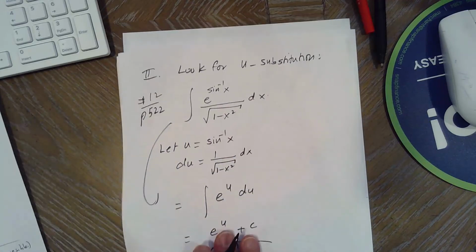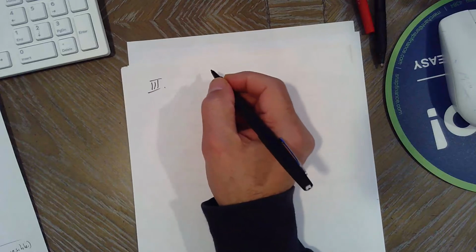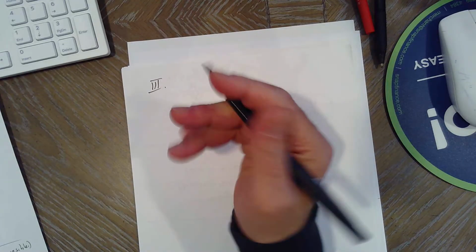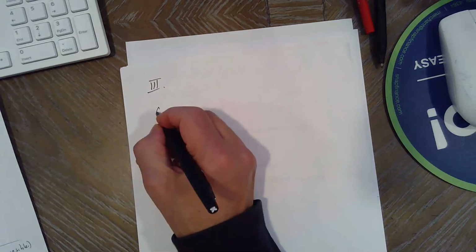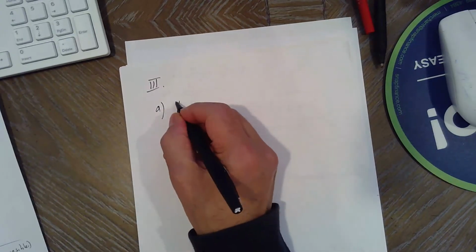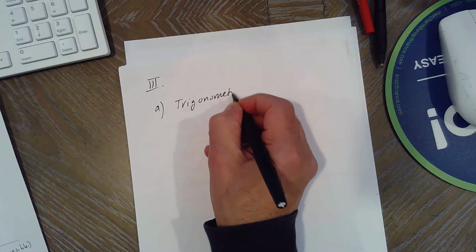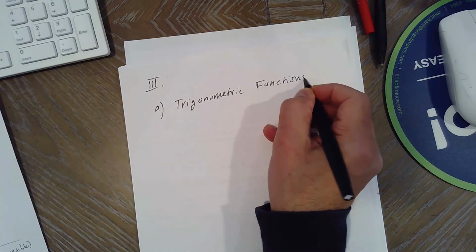Now step 3. If steps 1 and 2 fail, if you work out the integrand and there's nothing there, and you try u substitution and there's nothing there, then you try step 3, which has several parts. The first one of step 3 is trigonometric functions integration.